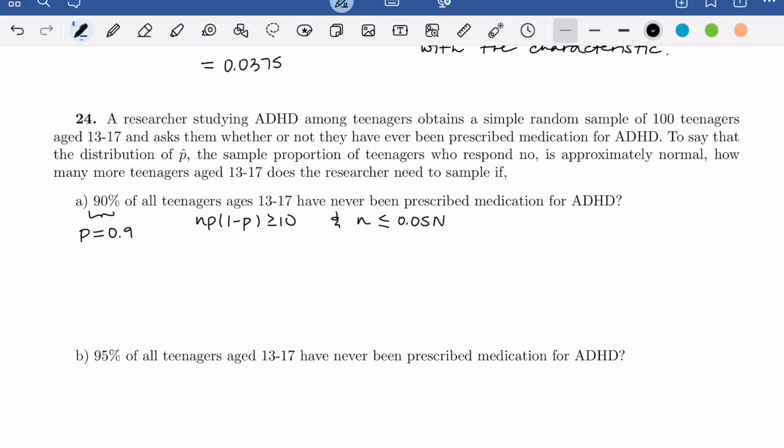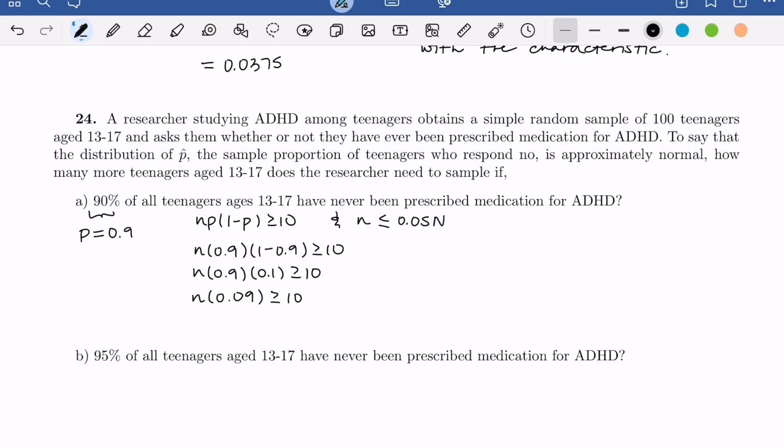So we already know what p is. In this case, it's 0.9. So we're just going to plug this into this inequality here and then simplify. Simplifying this, we're going to get 0.9 times 0.1 times n. Doing that, we get 0.09 times n is greater than or equal to 10.